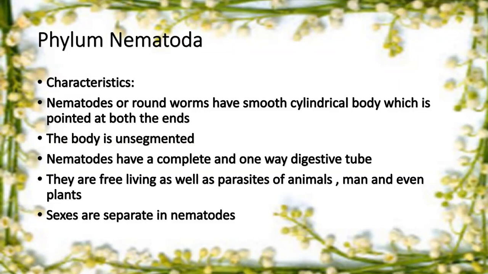Nematodes are male and female. Female nematodes and the male nematode. The point of identification is that male nematodes are smaller in length than females.